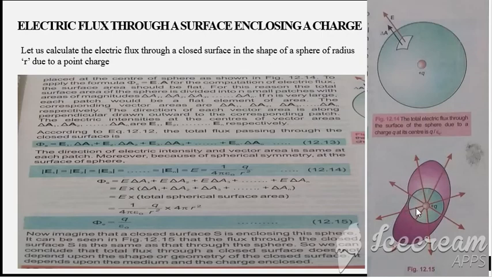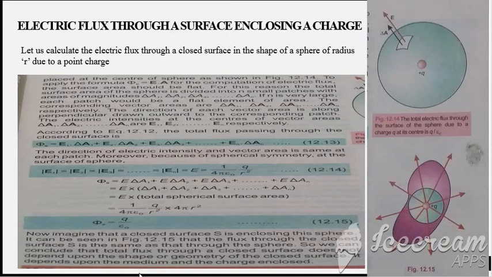Whether the flux is passing through a regular shaped body or through an irregular shaped closed body, its value will be the same. So it is written over here that it does not depend upon the shape or the geometry of the closed surface. It can be in the form of a sphere, or in the form of any irregular shaped body.